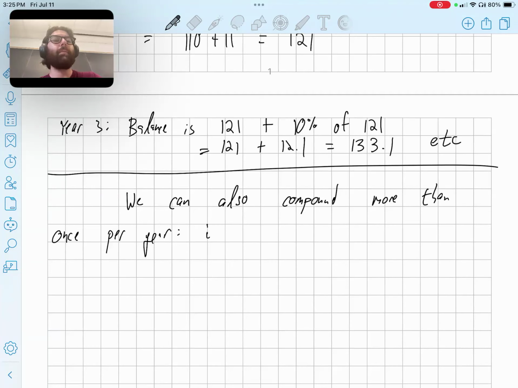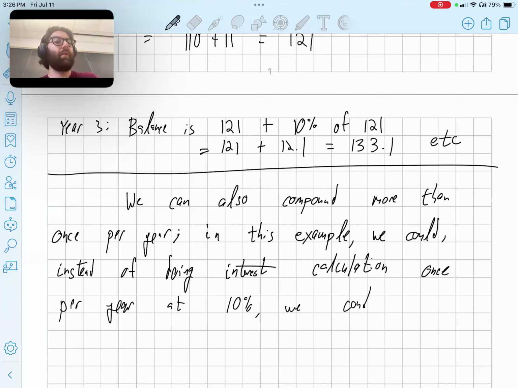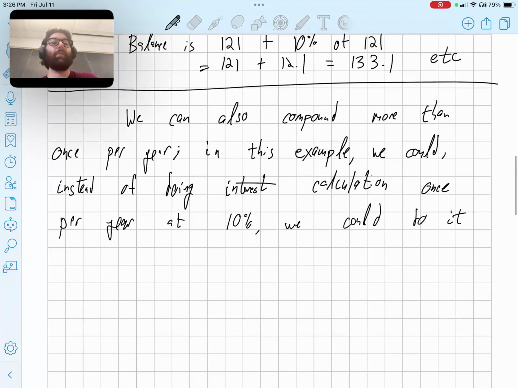In this example, instead of doing the interest calculation once per year at 10%, we could do it twice per year at half of 10%.